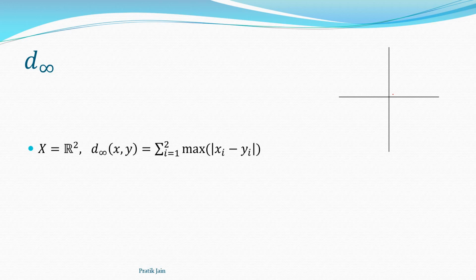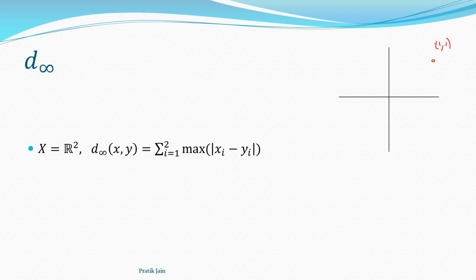Okay, so why that? Because you need the maximum deviation. If there is a point over here, say 1 comma 1, you need to put it in the same unit distance, right? This should also be a distance 1 apart.